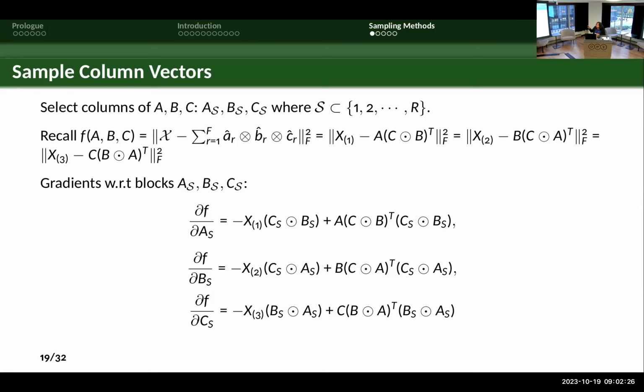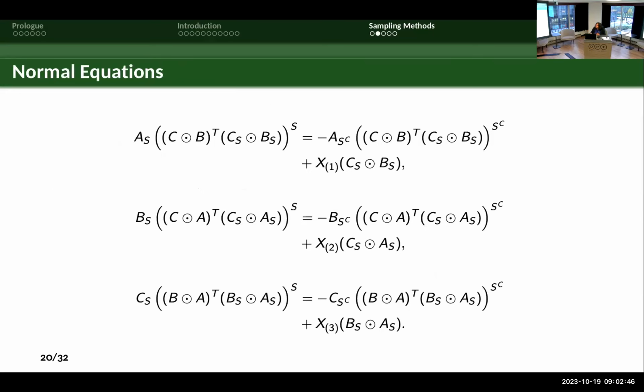What we did here is basically just take the gradient with respect to the sampled columns. Okay, and when you do the calculation, these are the 3 equations you're going to get. All right. So then what you can do is separate it.